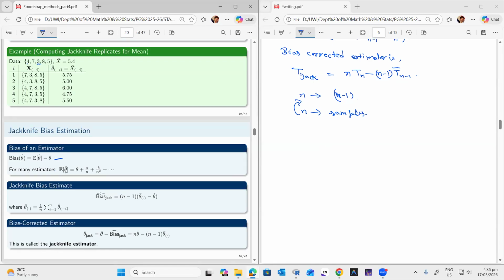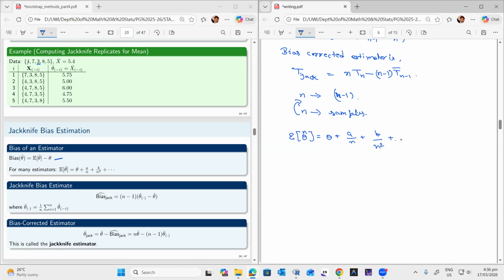Now for many estimators we have this equation: the expected value of theta cap equals theta plus a upon n plus b upon n square plus and so on. This is an asymptotic expansion of the expectation of theta cap.